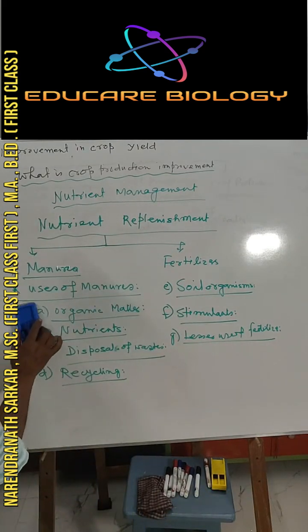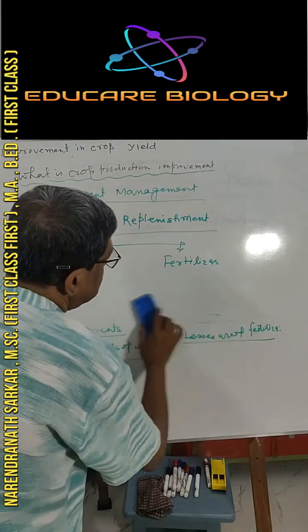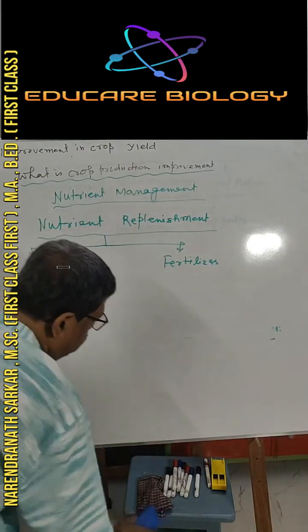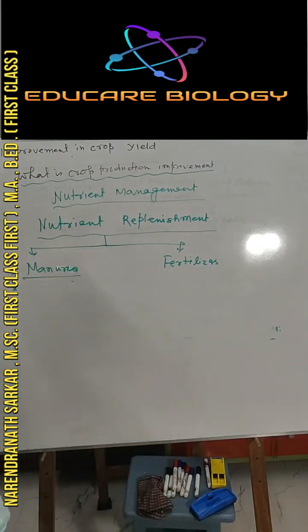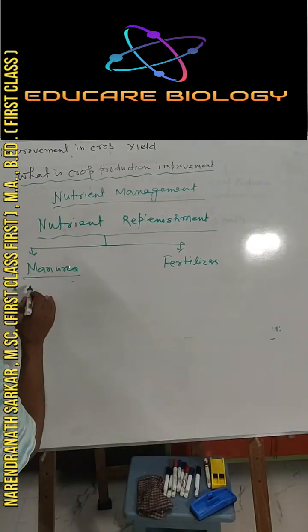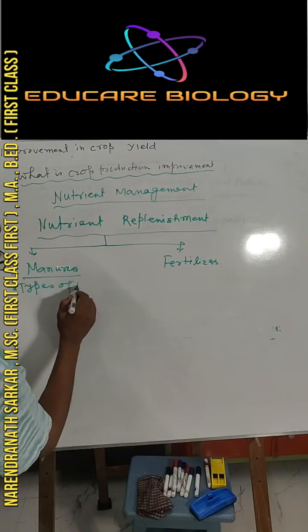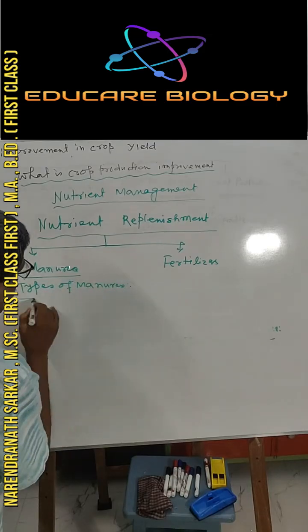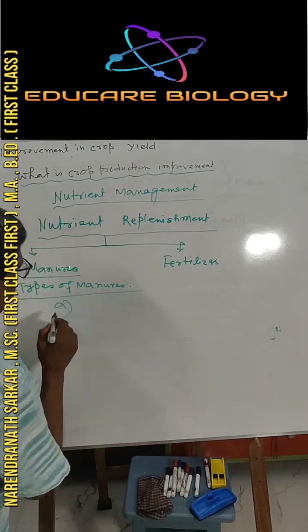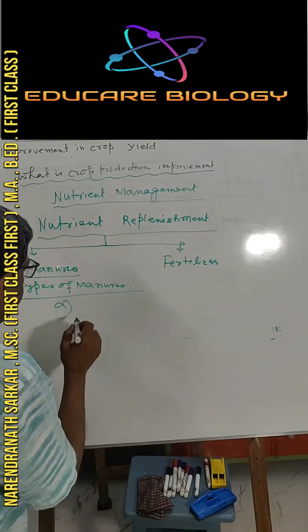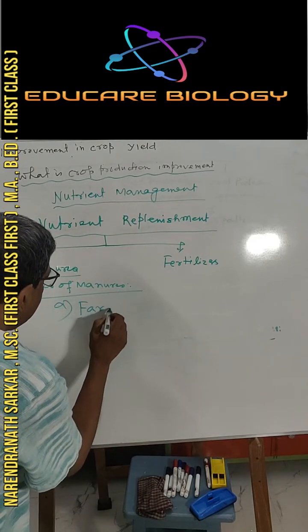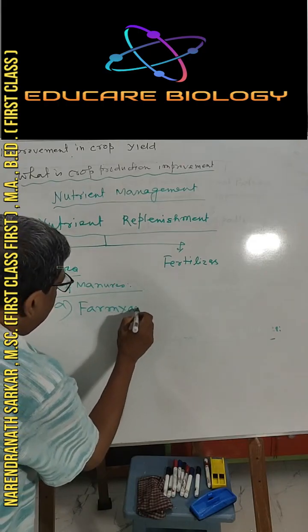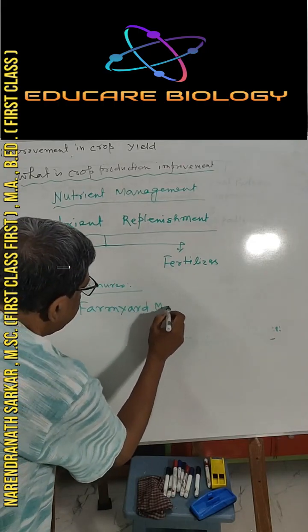Next, types of manures. Number A, farm yard manure.